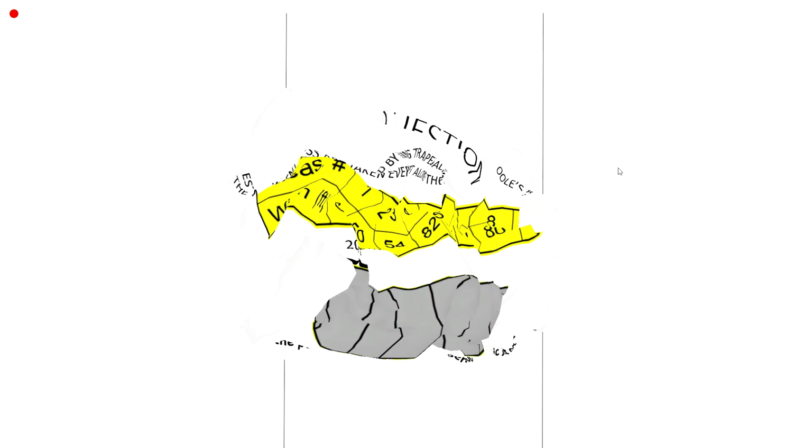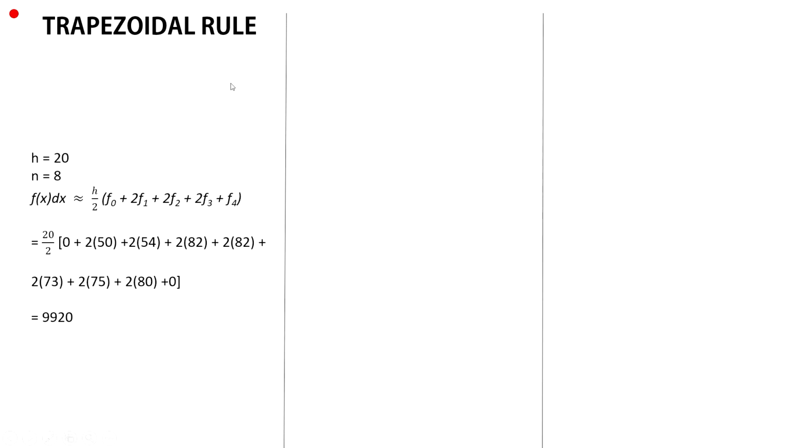Moving on to the calculation, first the trapezoidal rule. From the question earlier, we know h is 20 and the number of sub-intervals is 8. We put it into the trapezoidal formula, that is h divided by 2 with function 0 and function 1, and move on to the next function until the end.